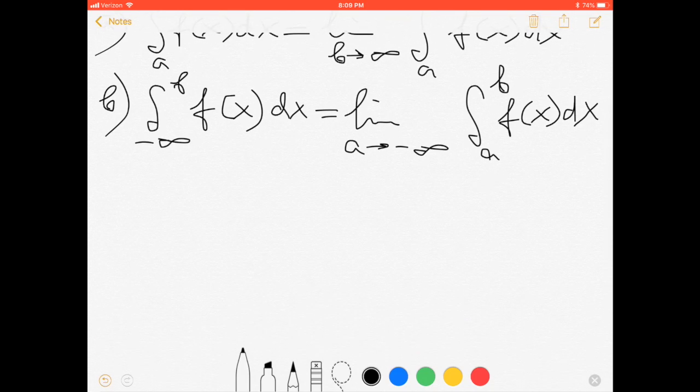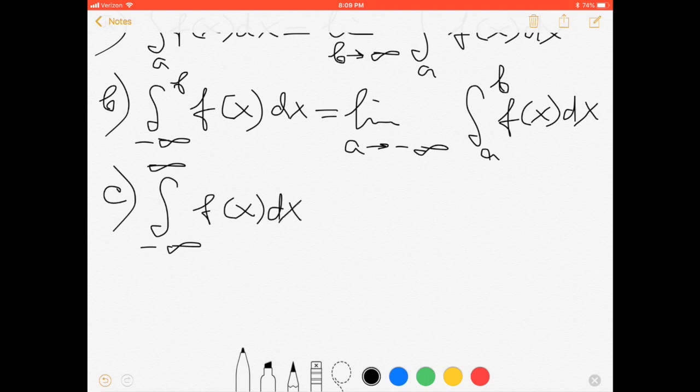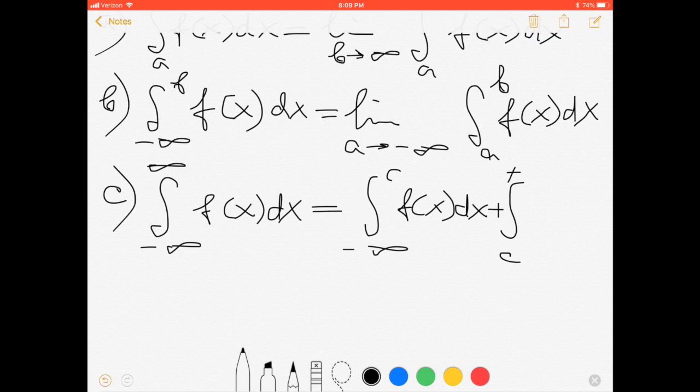And the last one, C, if you have the integral from negative infinity to positive infinity of f(x) dx, you can take any point c and rewrite this integral as two integrals: from negative infinity to c of f(x) dx plus the integral from c to positive infinity of f(x) dx.